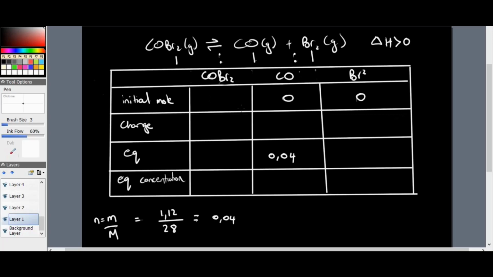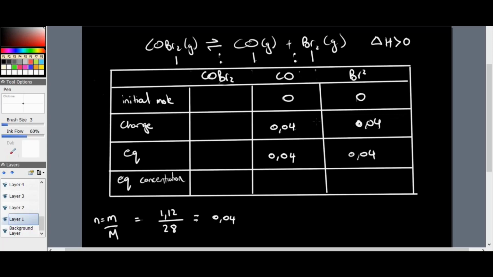Let me just check. I know that's 0.04, and that should also be 0.04, and that should also be 0.04, based on the fact that they're in the same mole ratio.